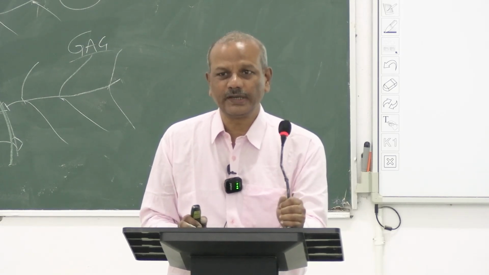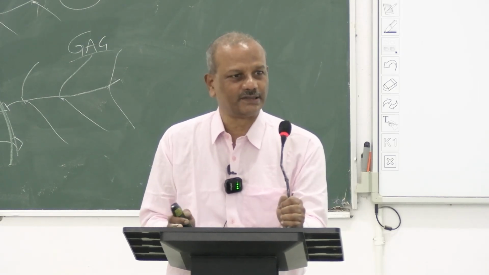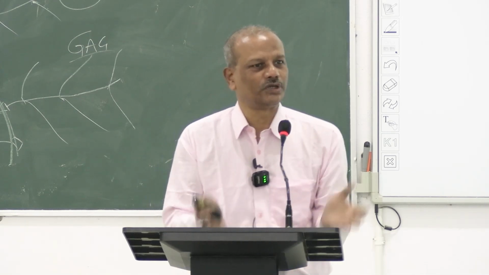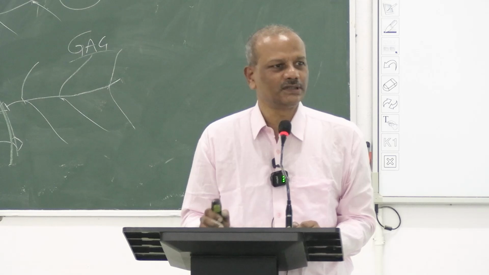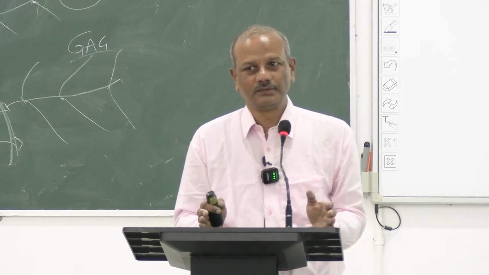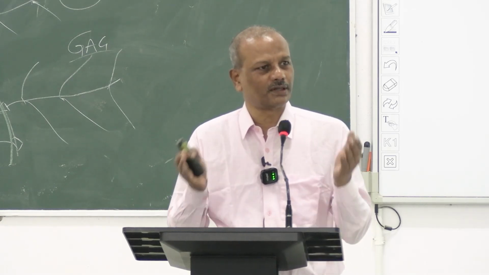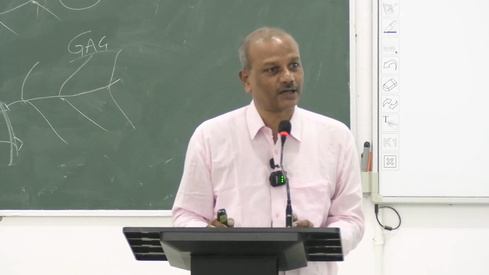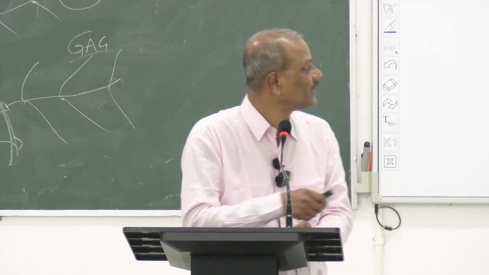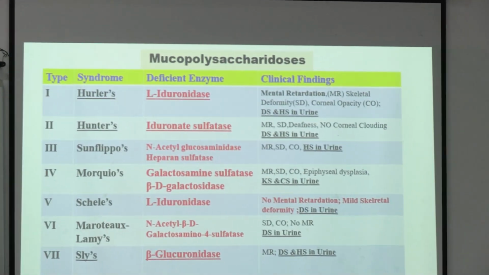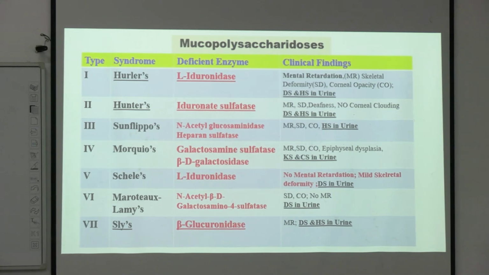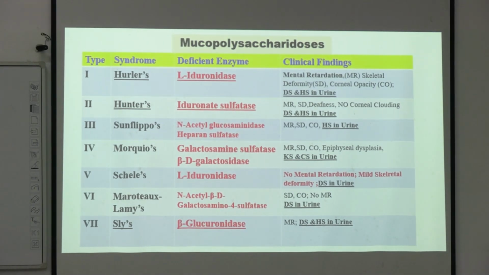But if there is a defect in degradation of the glycosaminoglycans, then there will be storage, just like glycogen storage disease, because the glycogen you have formed is not being broken down because of the lack of enzymes. So, here again the mucopolysaccharidoses, what you have to remember is that these diseases are named for the enzymes which are absent.